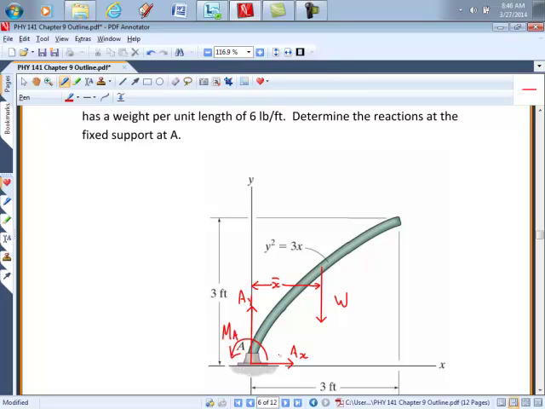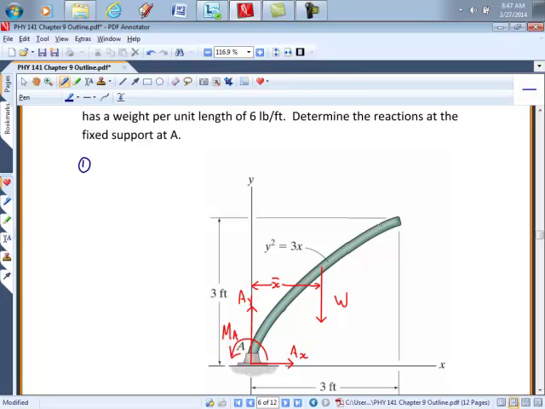What do we need to find first? I don't know the magnitudes of any of these forces. All I know is that this bar has a weight per unit length of 6 pounds per foot. So if I can find the length of it, then I can find the weight of it.